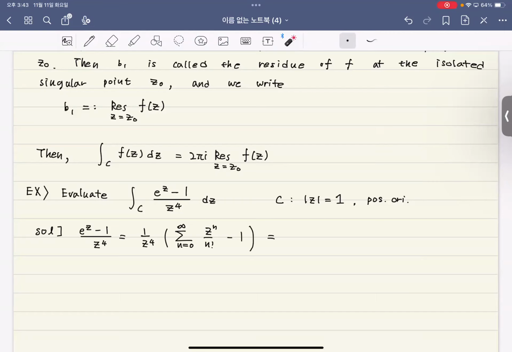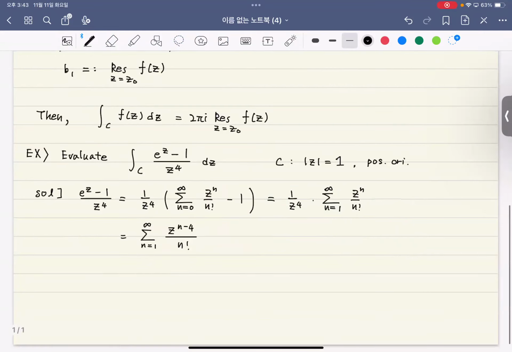So this is the sum from n equals 1 to infinity of z to the n minus 4 over n factorial.